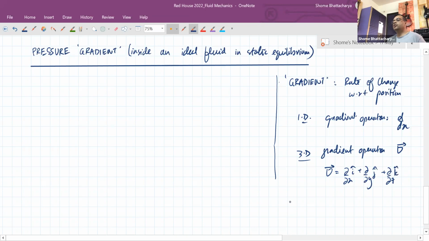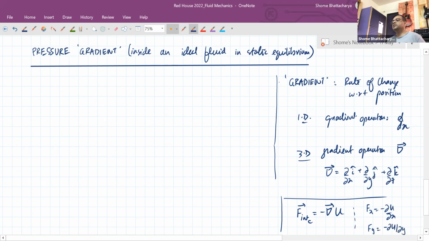So for example, earlier in work energy, you studied that internal conservative force is negative gradient of potential energy. So in 3 dimensions, this becomes like this: the x component of force is minus del u by del x, the y component of force is negative partial gradient with respect to y, and so on and so forth. So that is the term that we are using here also, gradient.